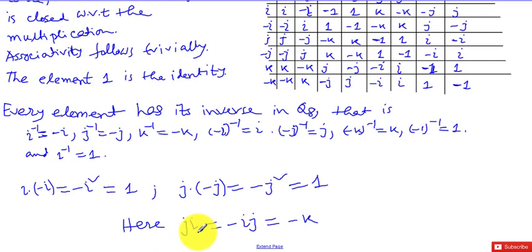Here, ji is equal to minus ij is equal to minus k. So, Q8 is not abelian.